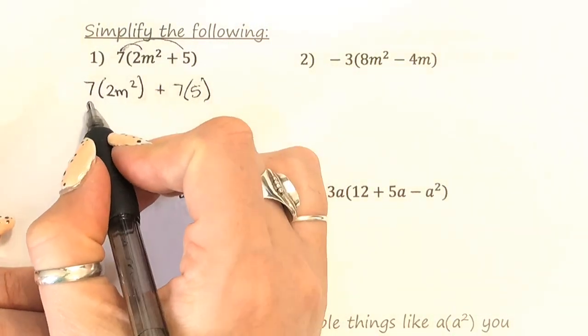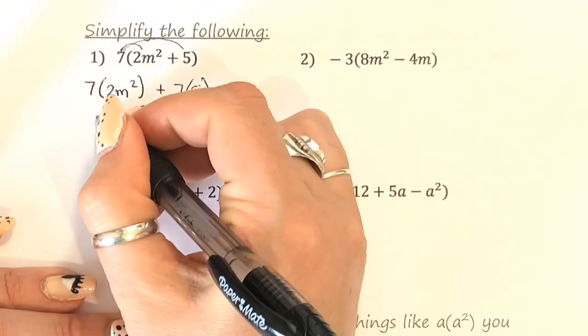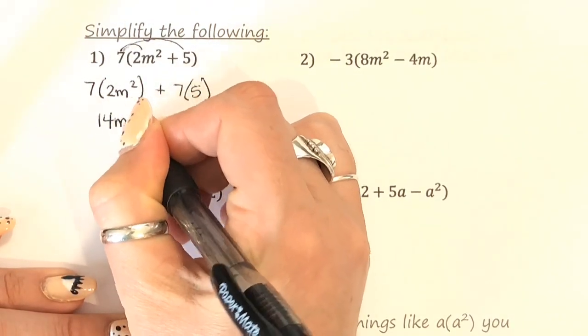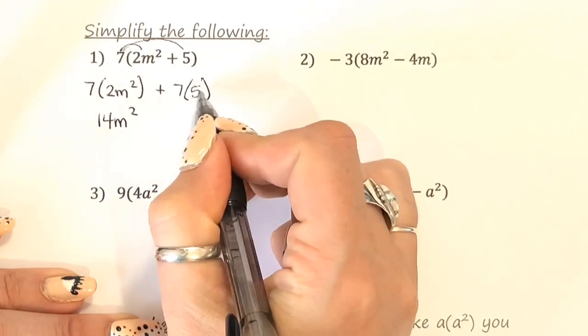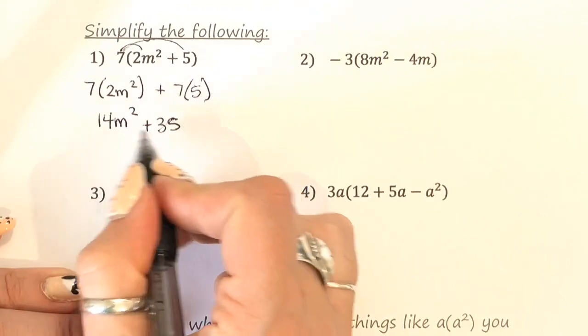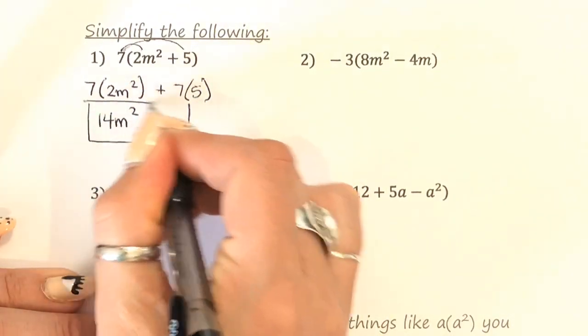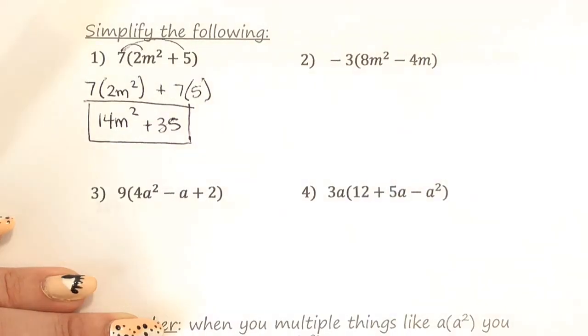If I simplify, 7 times 2m squared, I would times the numbers, so I get 14m squared, and then 7 times 5 is 35. These are not like terms, so we can't combine them, so we're done. Really not too bad when you have those littler ones.